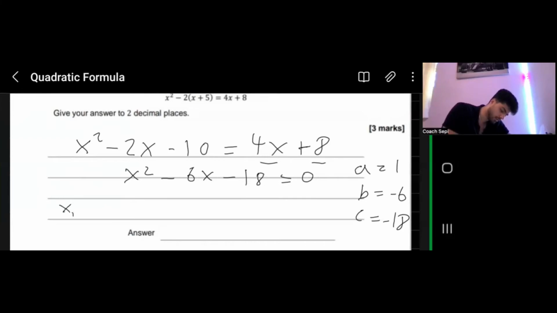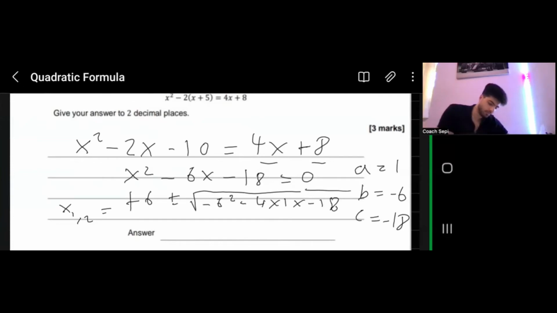We'll have x equals minus b, so minus minus 6, so we'll have a plus 6, plus minus square root b squared, so minus 6 squared, minus 4 times 1 times minus 18, all of that over 2 times 1.